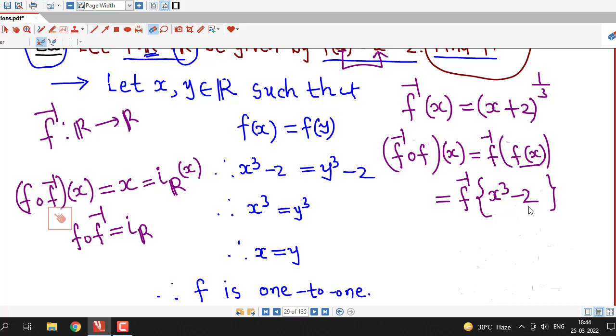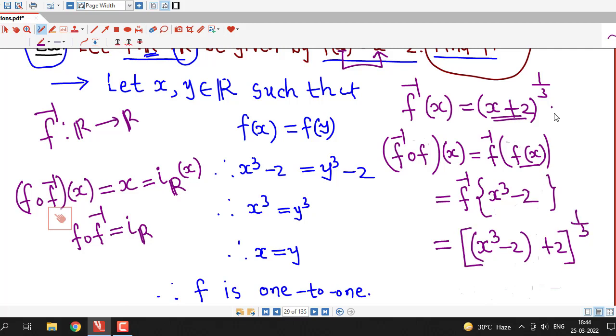f x is x cube minus 2 and f inverse is x plus 2 raised to 1 by 3. So here we have x cube minus 2 plus 2 raised to 1 by 3. Now we are using the definition of f inverse. Image of x under f inverse is x plus 2 raised to 1 by 3.